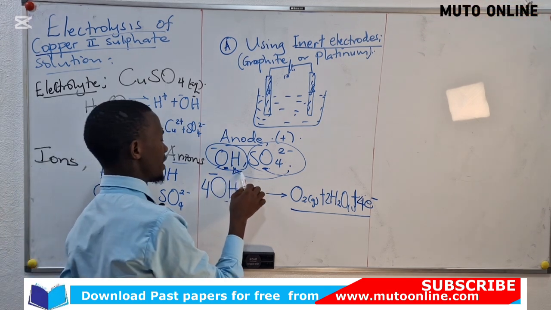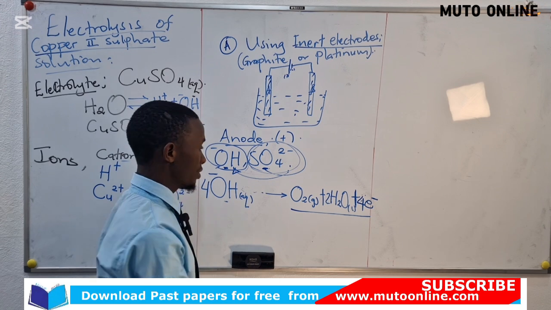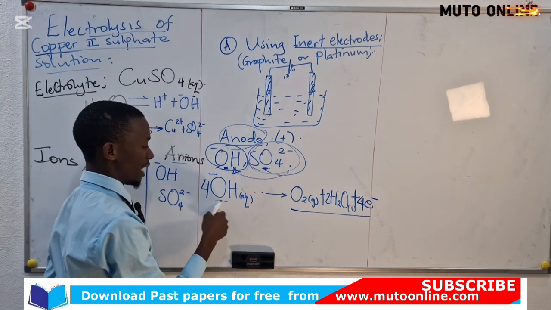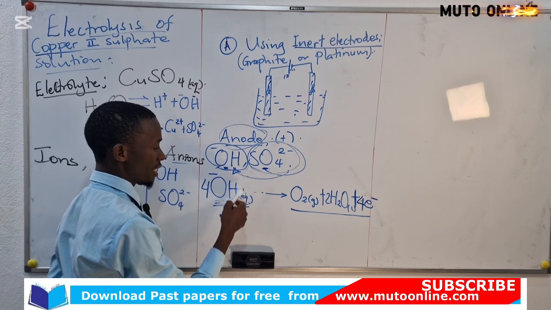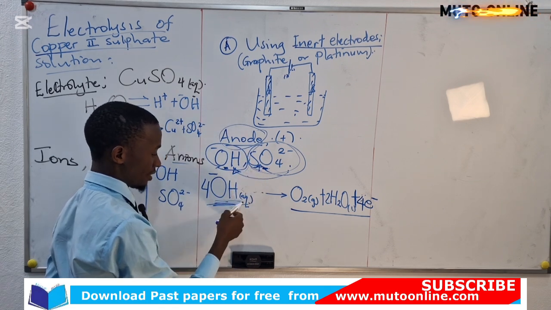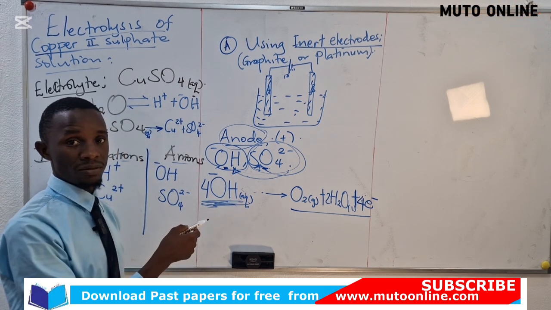So the hydroxide ions and the sulfate ions will migrate to the anode, where the hydroxide ions will be discharged in preference to the sulfate ion since the hydroxide ions are less reactive.